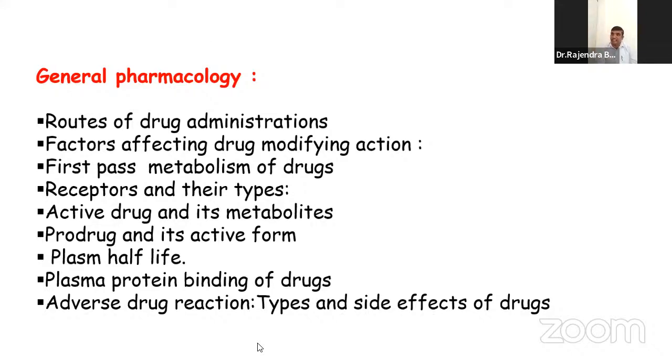What is the trick to remember them? It is ETV: E, ethosuximide; T, trimethadione; V, valproate. Valproate is nothing but valproic acid, the sodium salt, sodium valproate. So ETV will block the T type of calcium channel.